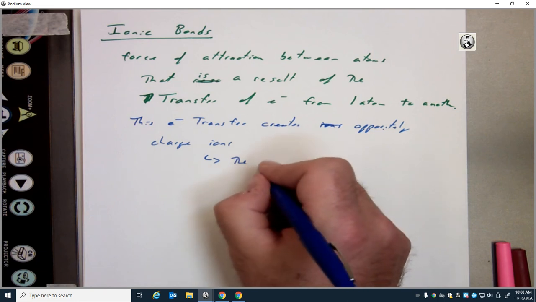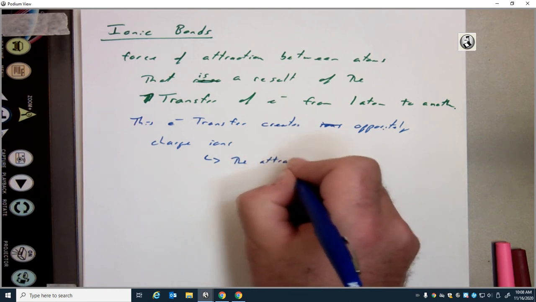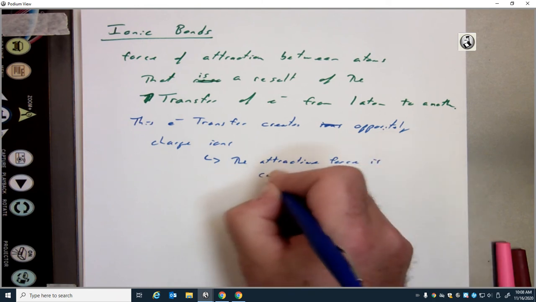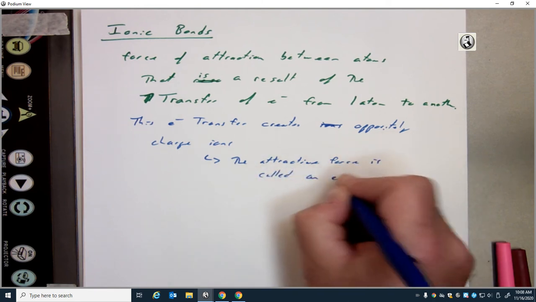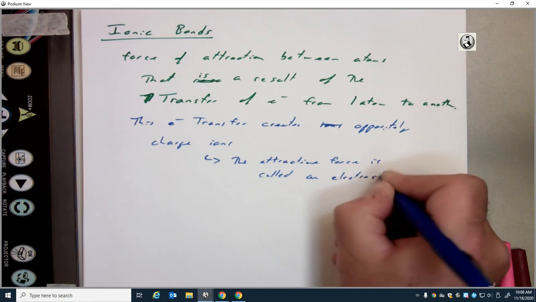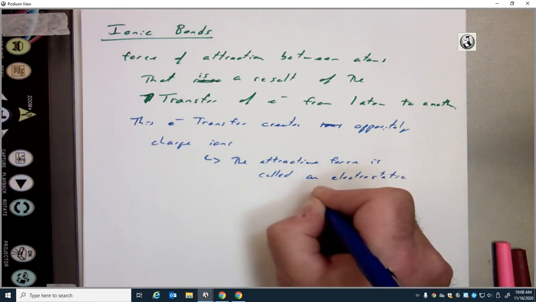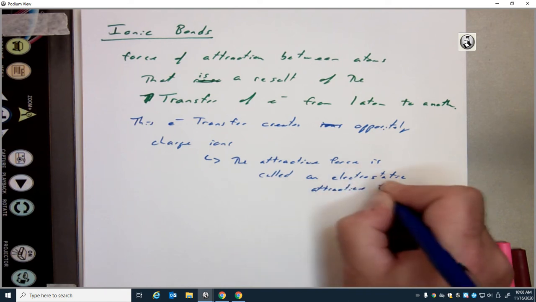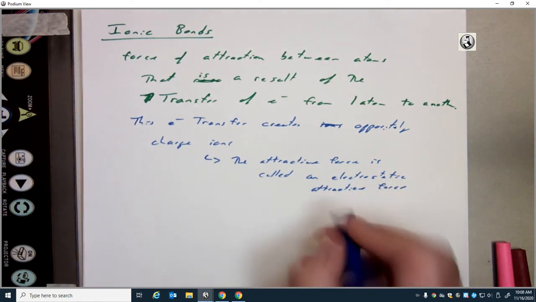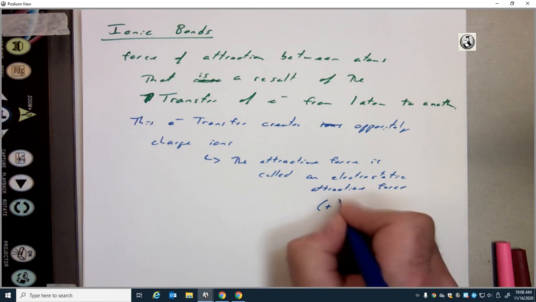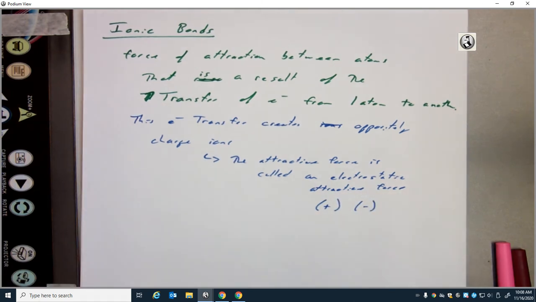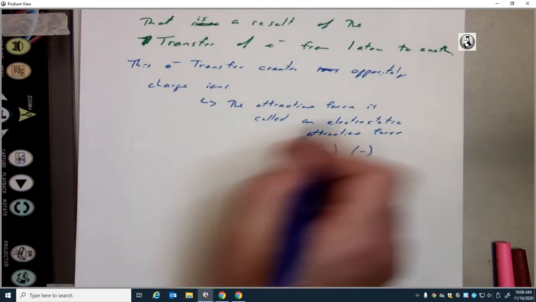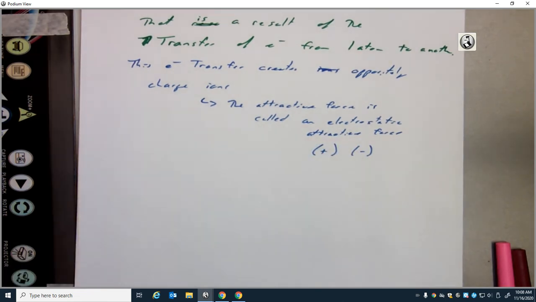The attractive force is called an electrostatic attractive force. And if you remember, really what we're just saying is that a positive is attracted to a negative. So that's what our ionic bond is.